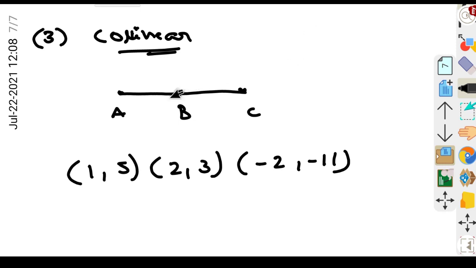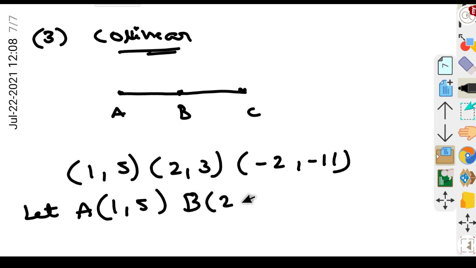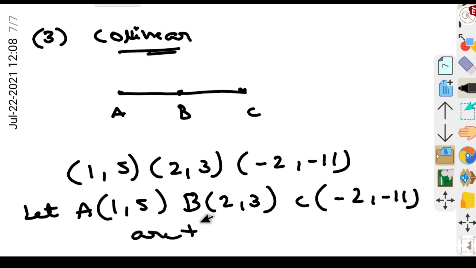So nothing but you need to check whether these 3 coordinate points lie in a single straight line. That is the question, that is what you need to find. So therefore let me write the first as, let A of 1 comma 5, B of 2 comma 3 and C of minus 2 comma minus 11 be the points.